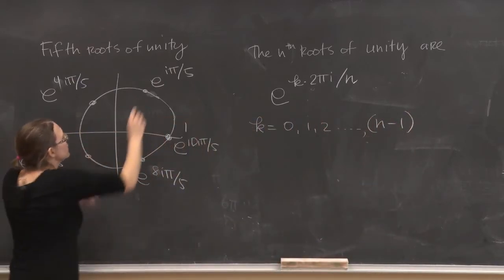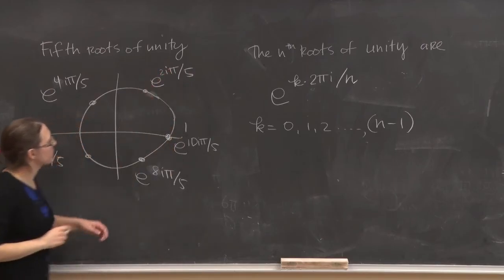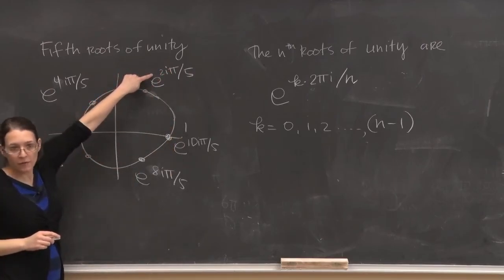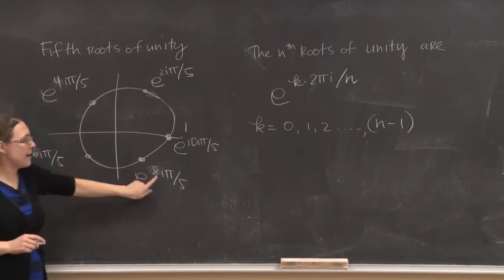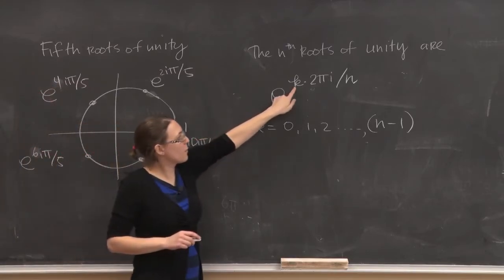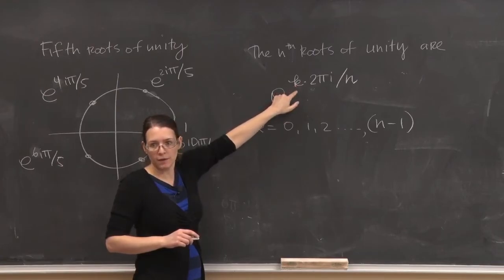Sorry, this one should have been still 2. So this is 2i pi over 5, 4i pi over 5, 6i pi over 5, 8i pi over 5. So this is the formula with k equal to 1, 2, 3, and 4.